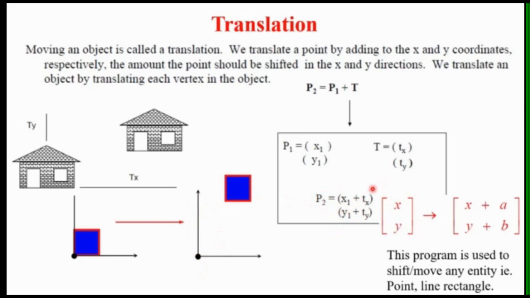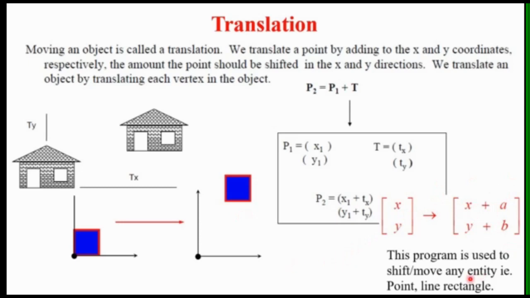So this tx and ty is called the transformation matrix. Therefore the new coordinates x, y are calculated by using x plus a, and y plus b. So this is called the transformation matrix.